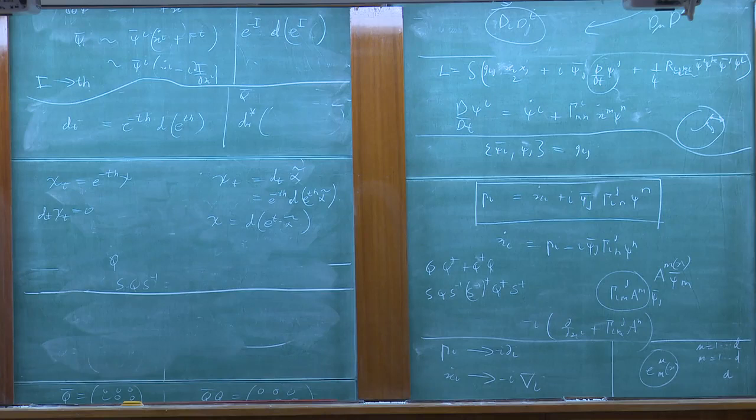Because the spectrum of zero energy states was the cohomology of Q, or the cohomology of the D operator, which is the same as the cohomology of the dt operator. The number of zero energy states that are P forms does not change. It's not a function of H.